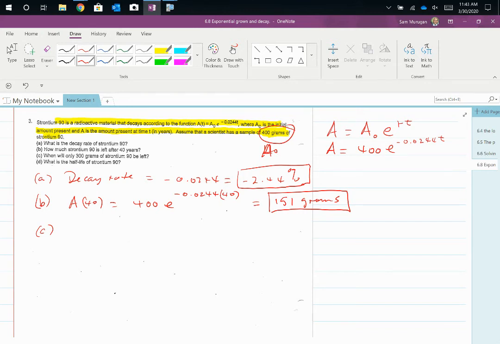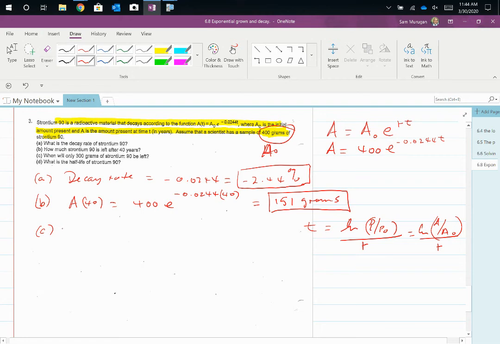So think back to what we did in the last section where we said that time is equal to the logarithm of P divided by P0 over the rate. Applied to our situation, it would be the logarithm of A divided by A0 over the rate.